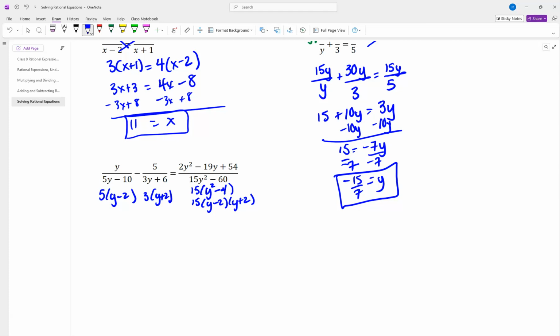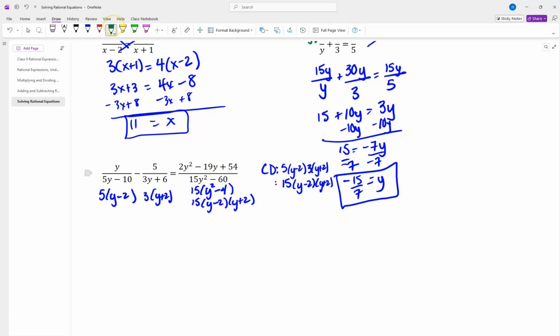So I think the common denominator between everything will have a 5y minus 2, 3y plus 2, which is all the same as 15, and then y minus 2, y plus 2.